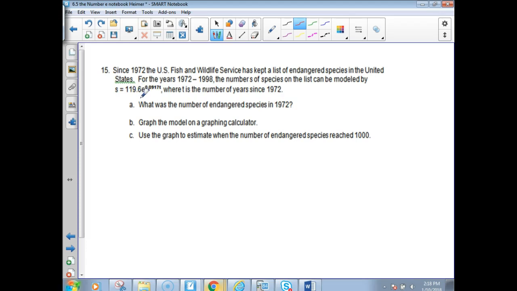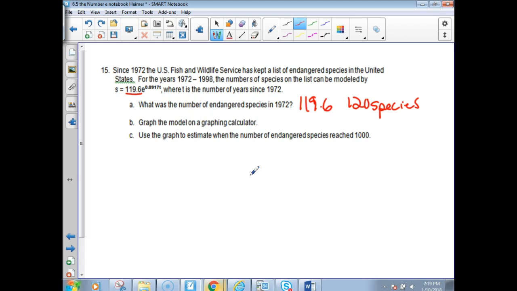That would be your initial value, which would be 119.6. Now, I don't know how you have 0.6 of a species, so what would you maybe say instead? 120? Maybe, all right. But I'd take either answer. The formula ends up rounding it.